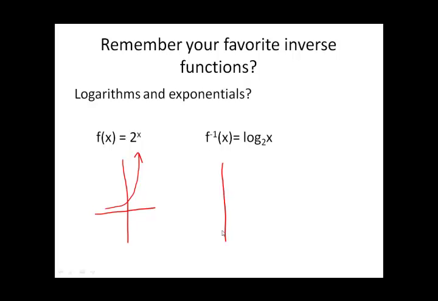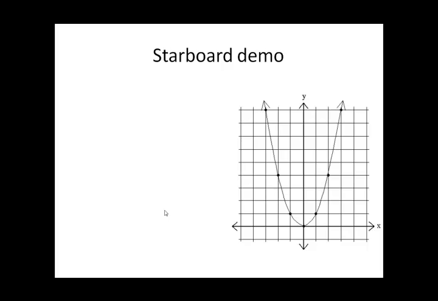Then remember that when we graphed the inverse function of 2 to the x, which is, of course, the logarithm base 2 versus the exponential base 2, it would look something like this. It was kind of like this graph right here, but flipped over the y equals x line. So it flips over and lays on its side.